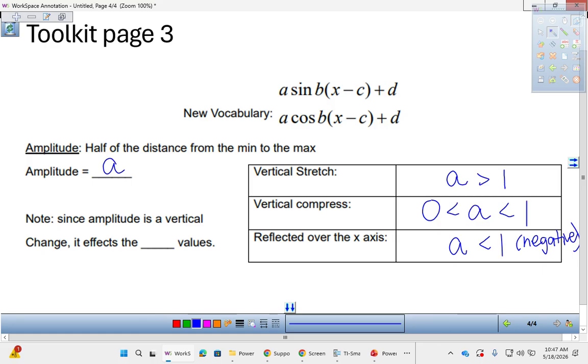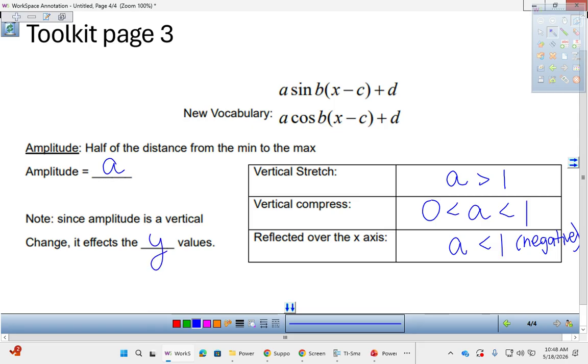Now all of these things are vertical changes. Vertical is up and down. What axis is up and down? X, Y. Y. So what's going to be changed about the OG is the Y values, because vertical is up and down, so the Y values are going to be affected. So it says, since amplitude is a vertical change, it affects the Y values.